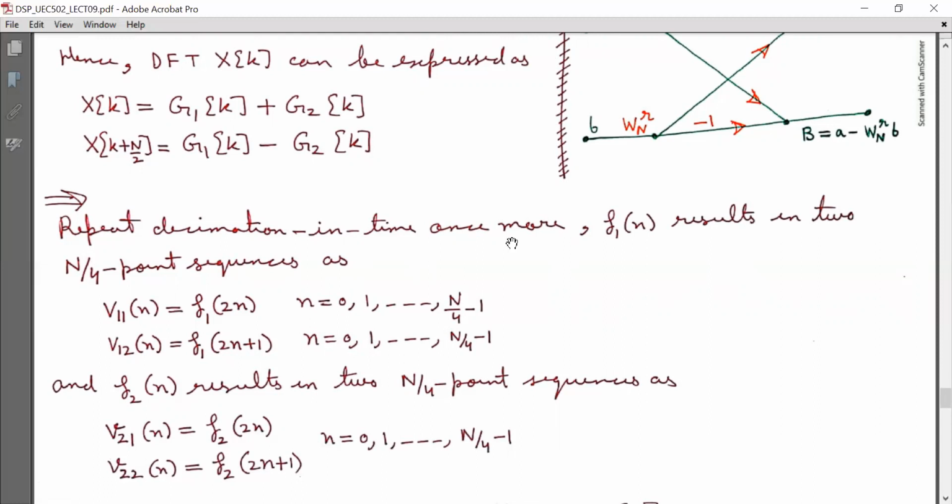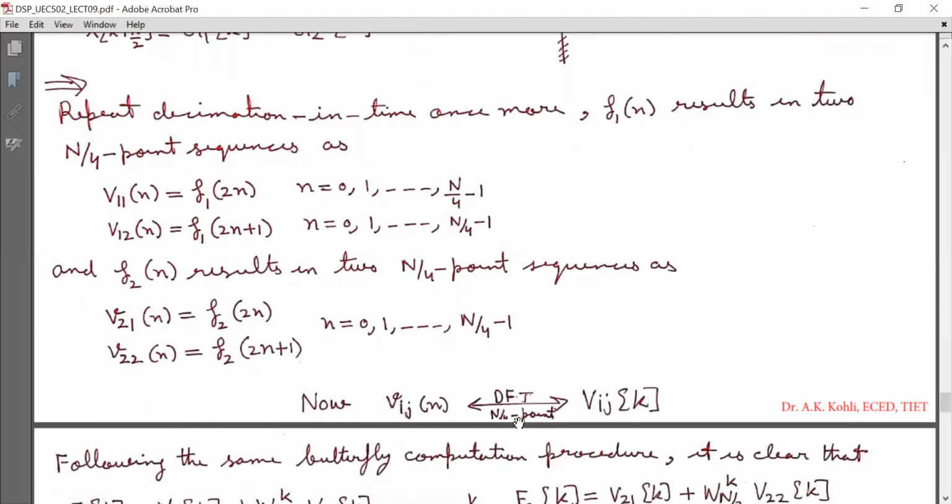So repeat decimation in time once more. So now there are 4 sequences: V11(n), V12(n), V21(n), V22(n). The N/4 point DFT of Vij(n) is Vij(k).